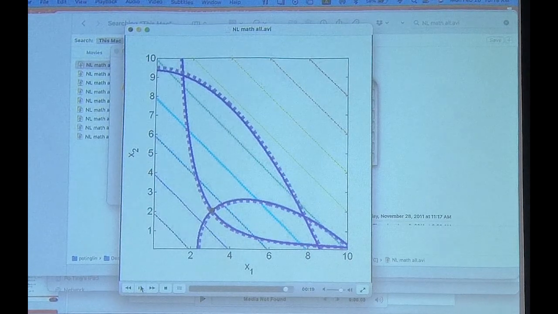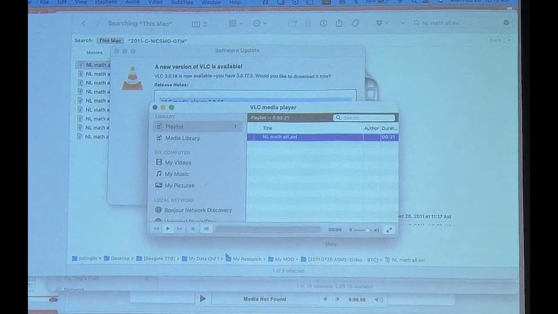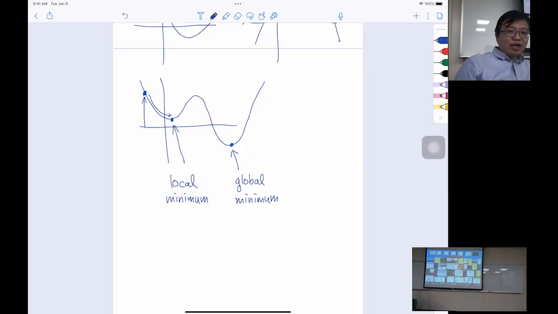Okay, so that's what happened. In this particular problem, there's only one solution. The reason why I did this was for a different purpose. But in my earlier explanation of global optimal, like I said, there could be a lot of local minimums.